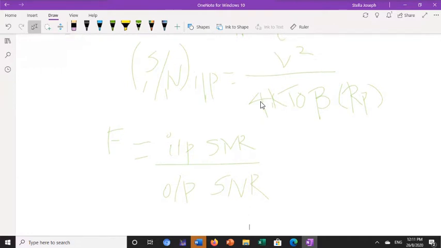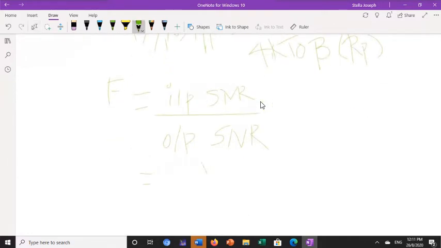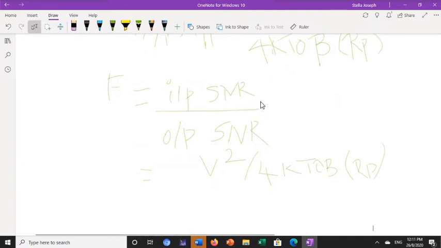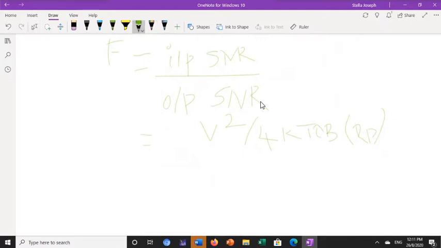So what is my input SNR? That is V squared upon 4kT0B into Rp, divided by V square upon 4kT0B into Rp plus Rn.